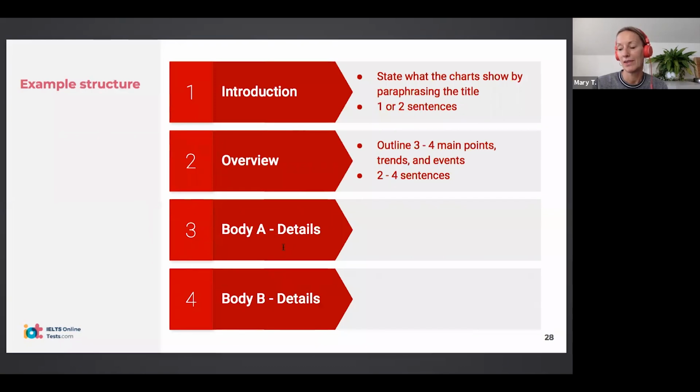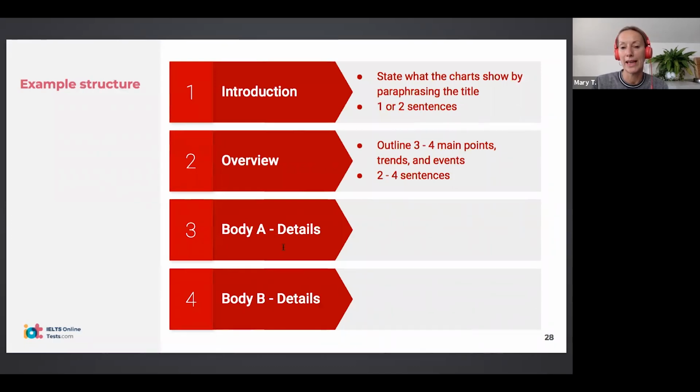So yeah, you're all right really. So it's 2 to 4 sentences. And in the overview, you should outline 3 to 4 main points, trends and events. So you're looking for general things, okay, about the 2 charts. It's very, very important, the overview, if you want to get a good band score.